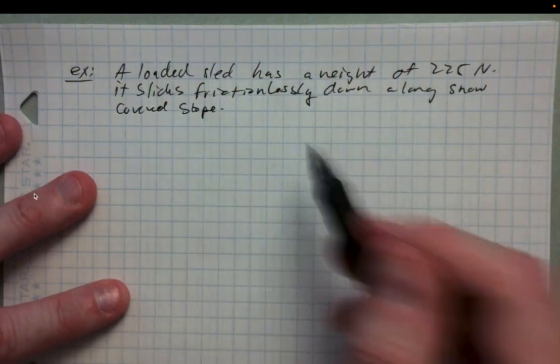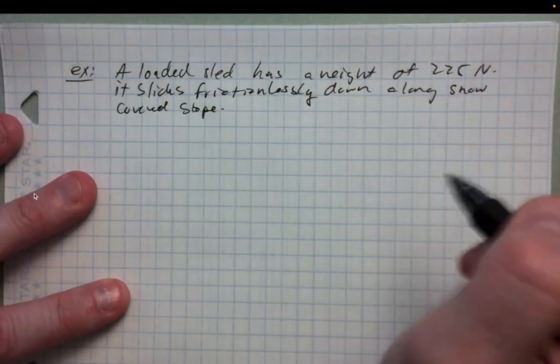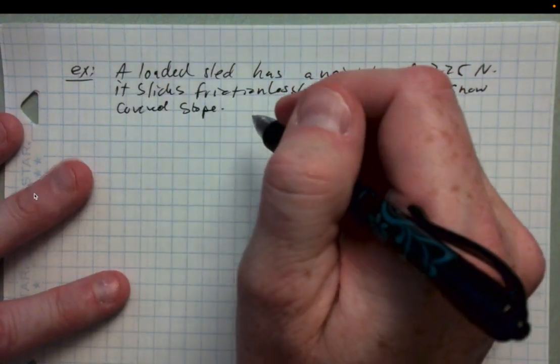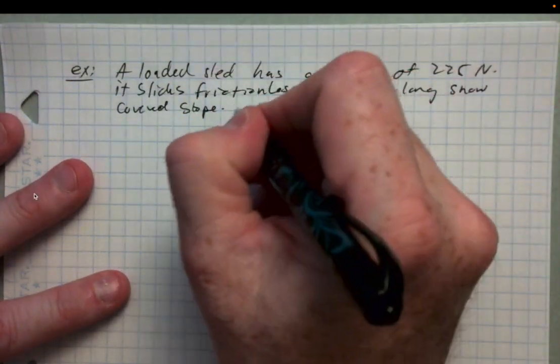It slides frictionlessly down a long snow-covered slope that has a constant angle of 22 degrees.